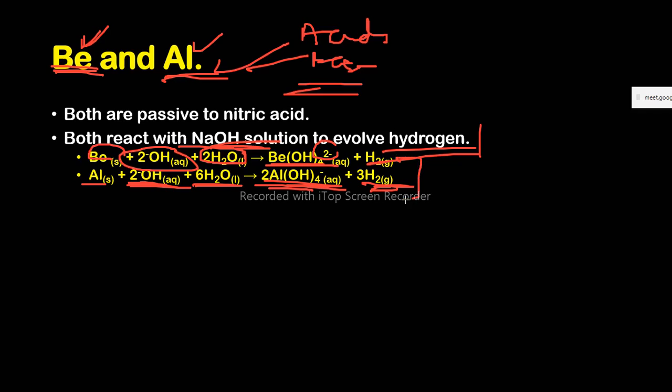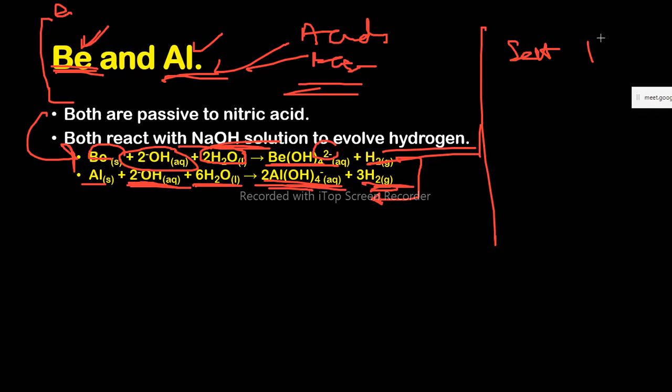So no other element in group 2 can react with both sodium hydroxide and acid. However, when they react with acids, they will form a salt, and hydrogen gas is going to be evolved. Okay?